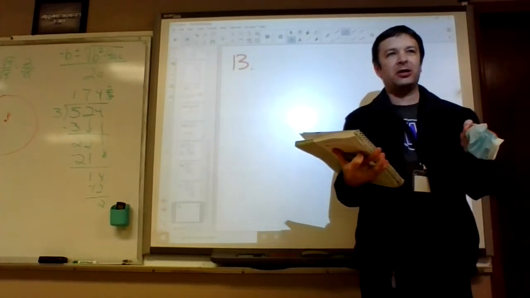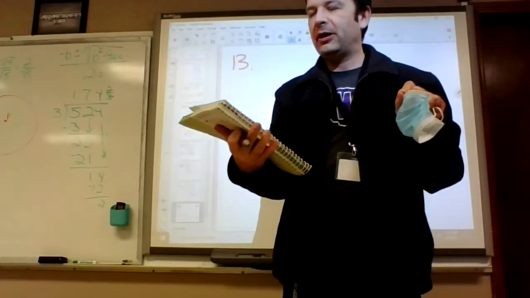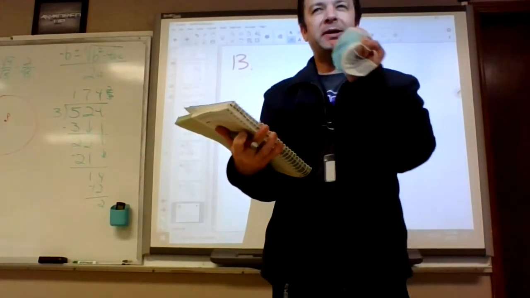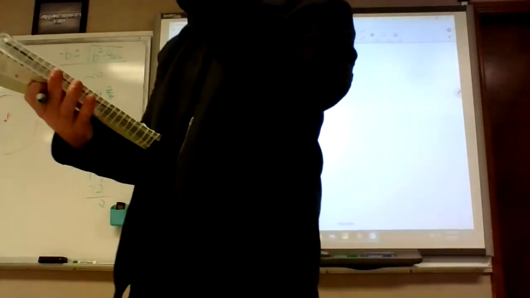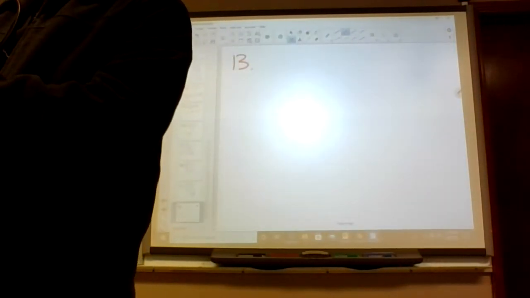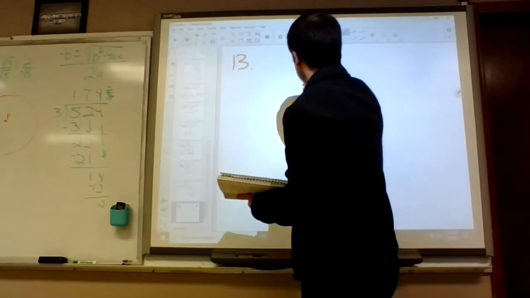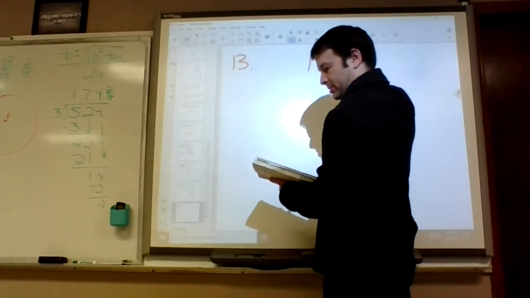This plus 30 becomes a minus 30 because I'm subtracting. So 26 minus 30 is negative 4. It was a plus, but it turned into a minus because we subtract the bottom line. Bring down the next term and start over.